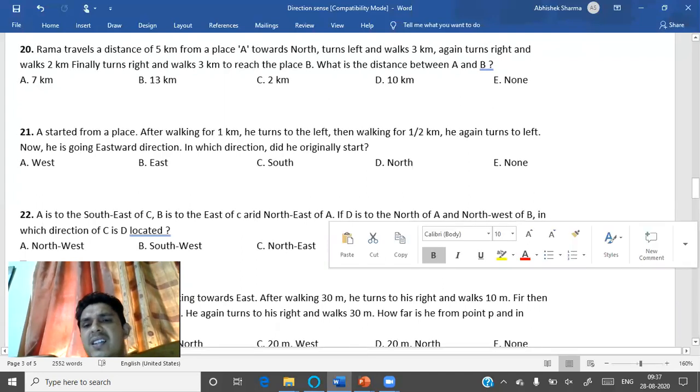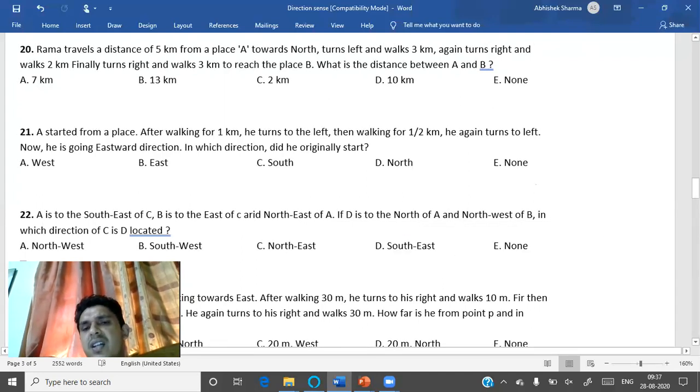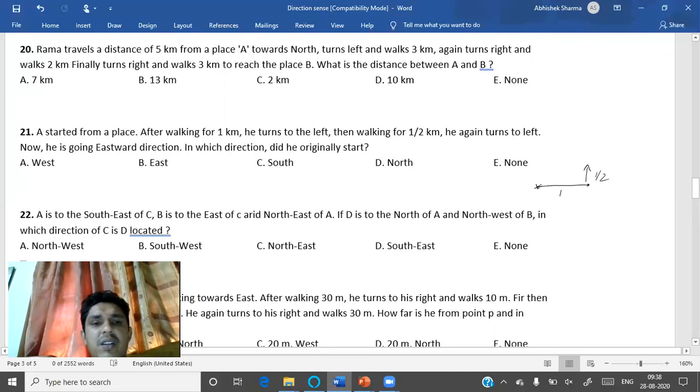So if I take that the point where he started is this, after walking for 1 kilometer, he turned to his left. That means he walked 1 kilometer, turned left and walked 1.5 kilometer. He again turns to his left, right? And now he is going in the west direction.